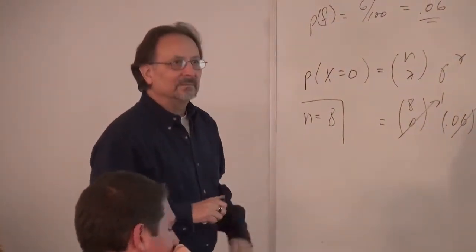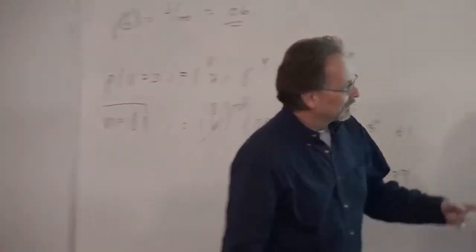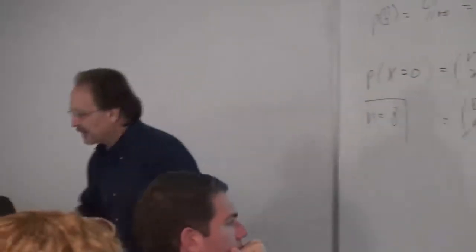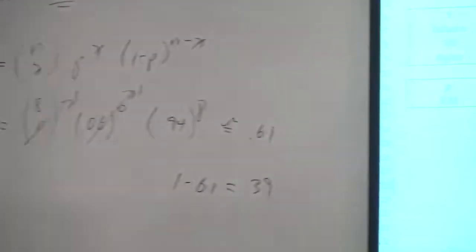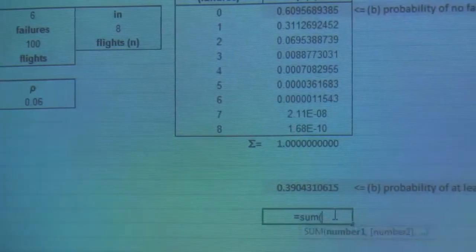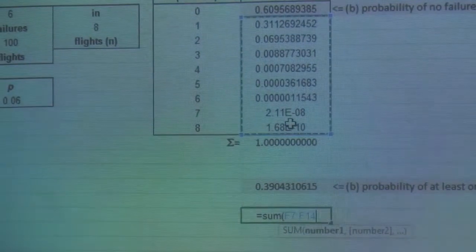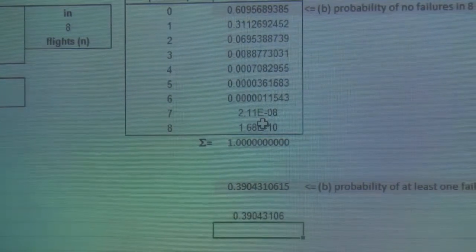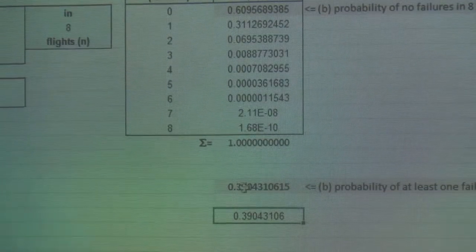You get roughly the same answer if you add them all up. Let me look at it, see what I did. So let's add them up. You should get exactly the same answer. Let's do it for the same significant digits.